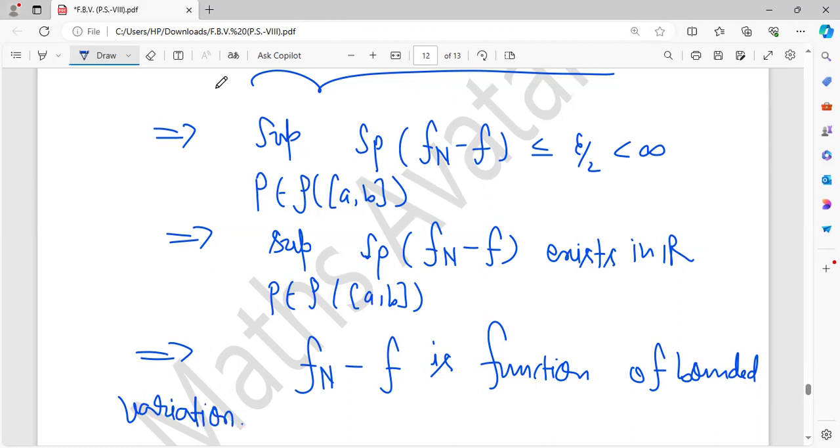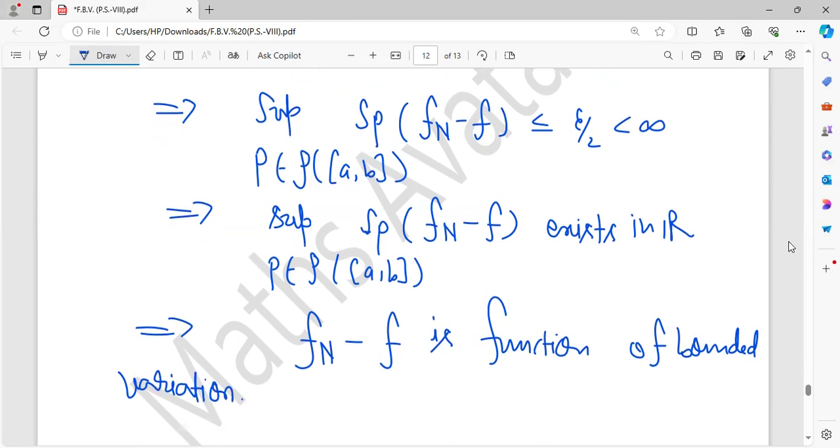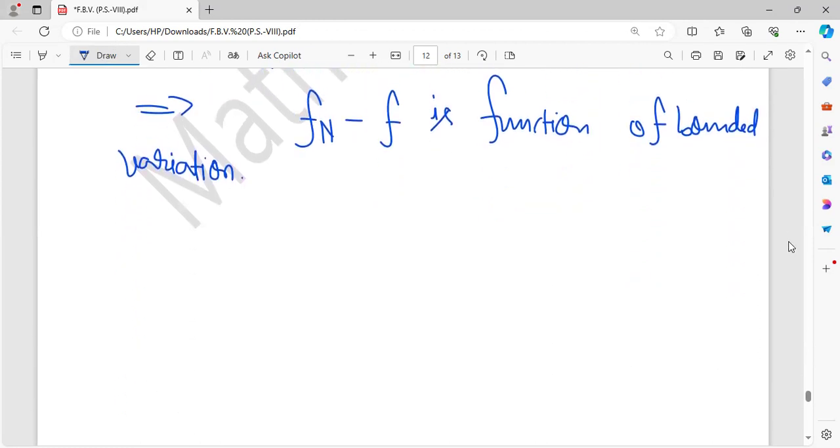Now Fn and Fn minus 1 both are functions of bounded variation.